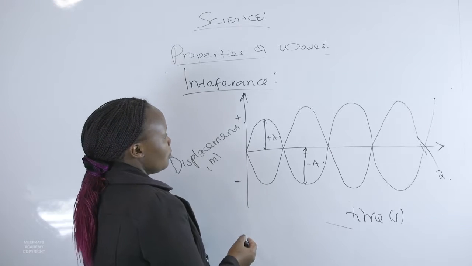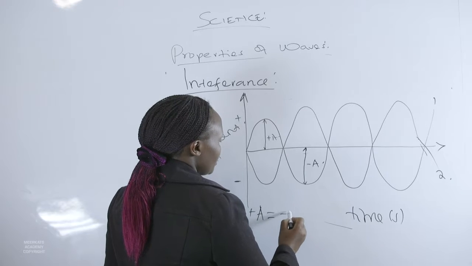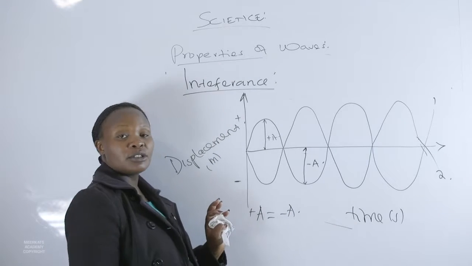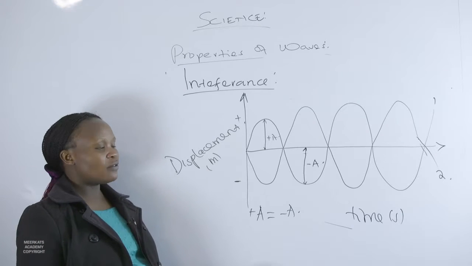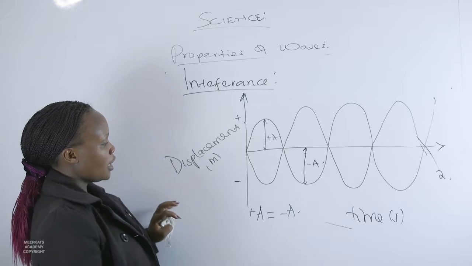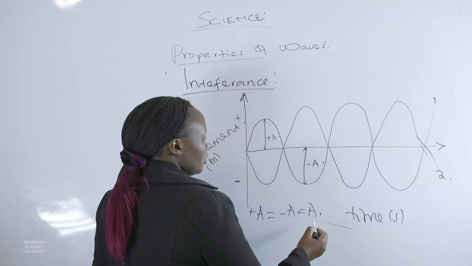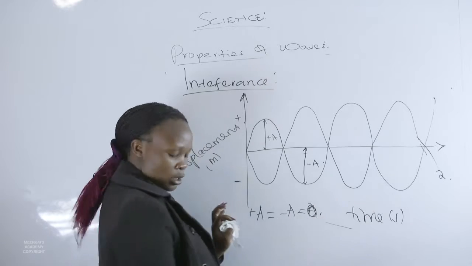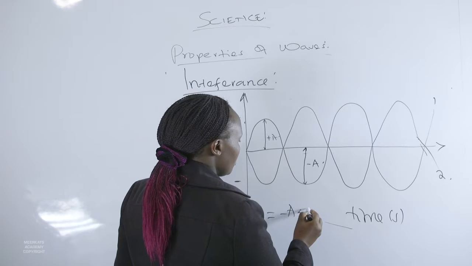However, because the amplitude of our second wave is negative A by virtue of them traveling in different directions, then the amplitude of the resultant wave will be 0. The vector sum is going to give us 0.